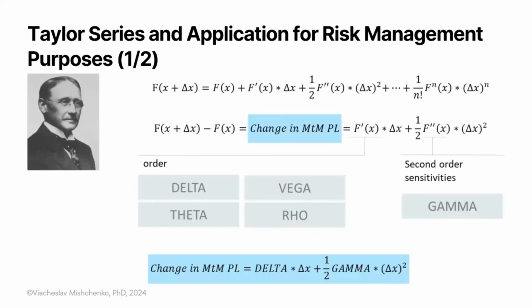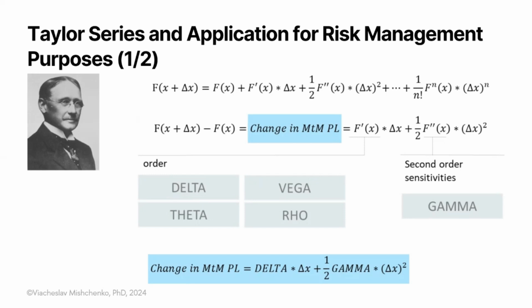The next model we will briefly go through is the Taylor series. It is very applicable and very useful within risk management. That is why we have to observe it briefly.